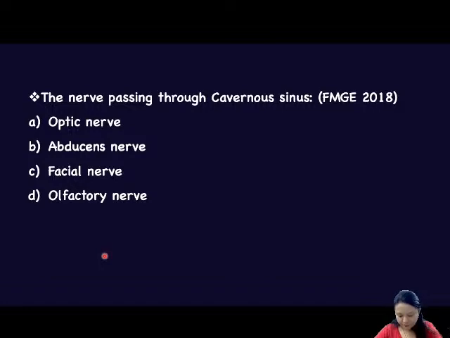Any answer? Anyone who wants to attempt this at least? Just now we have discussed. Which is the nerve passing through the cavernous sinus?